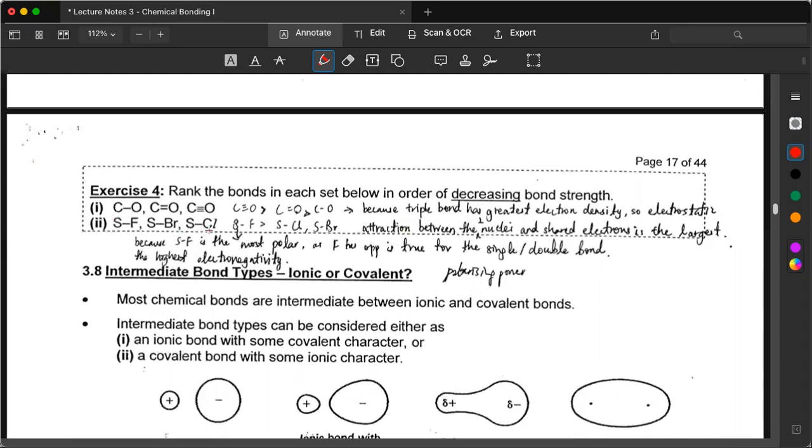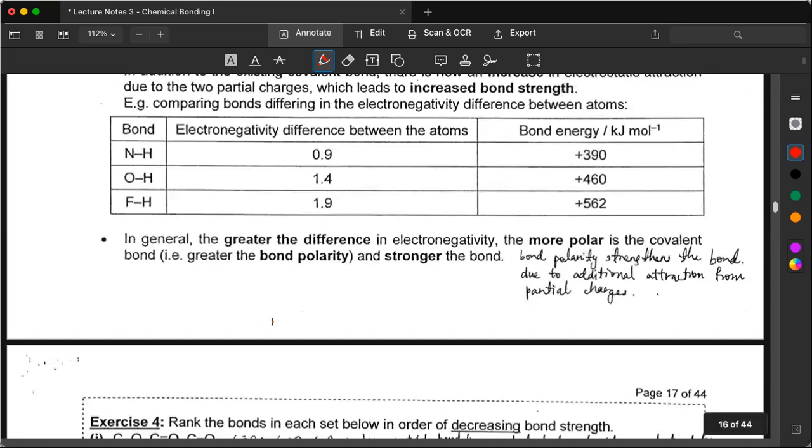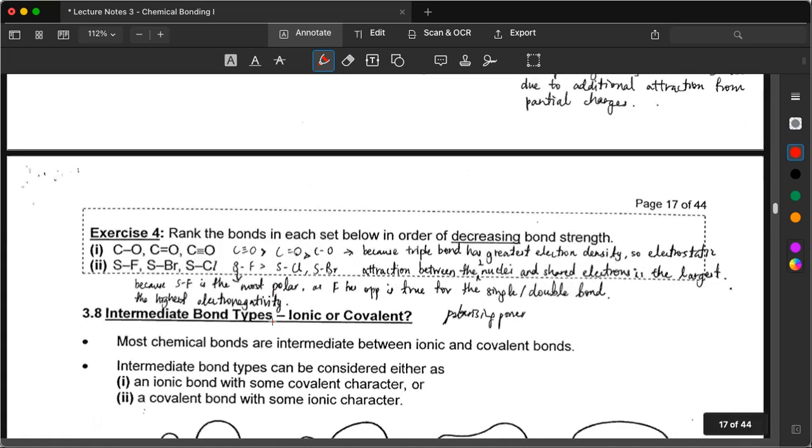As for this one, we look at electronegativity difference. So S-F will be the highest because it's the most polar due to the greatest difference in electronegativity, and hence the more polar the covalent bond. So largest electronegativity difference.